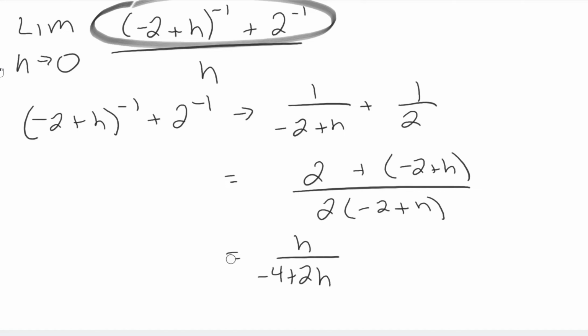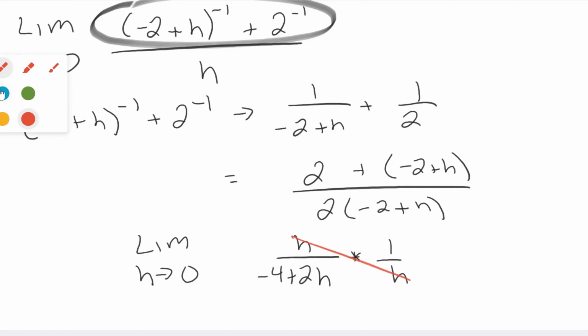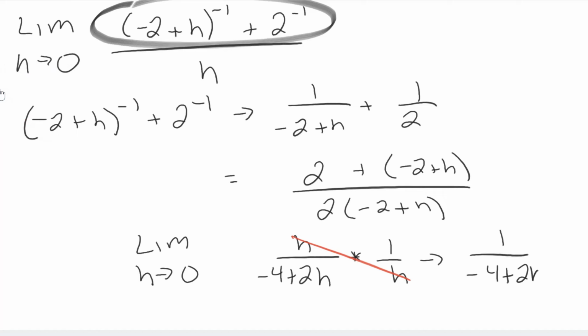Now if I look at this, I can do the limit as h goes to 0 of that times 1 over h, because if it's divided by h, then it's really the same thing as multiplying it by 1 over h. So those two things cancel out, and I'm left with 1 over negative 4 plus 2h.